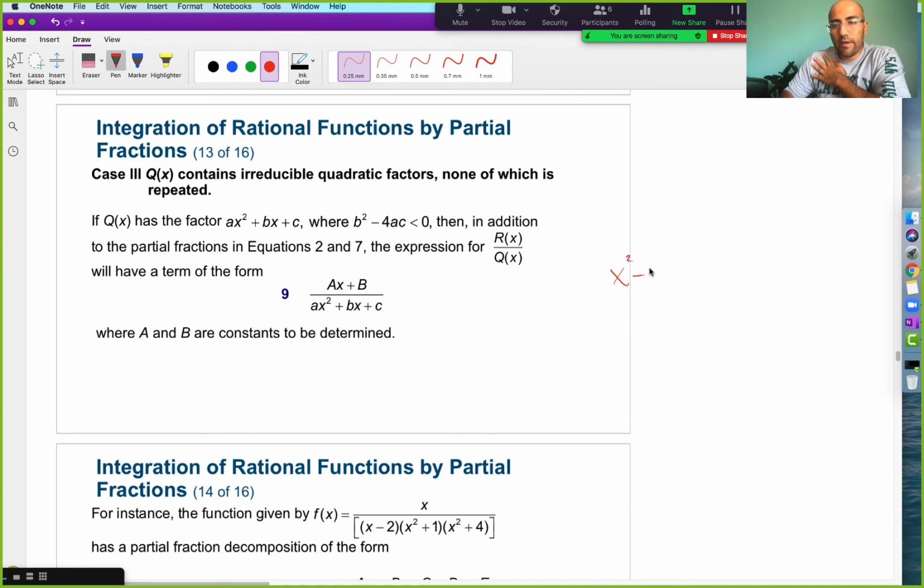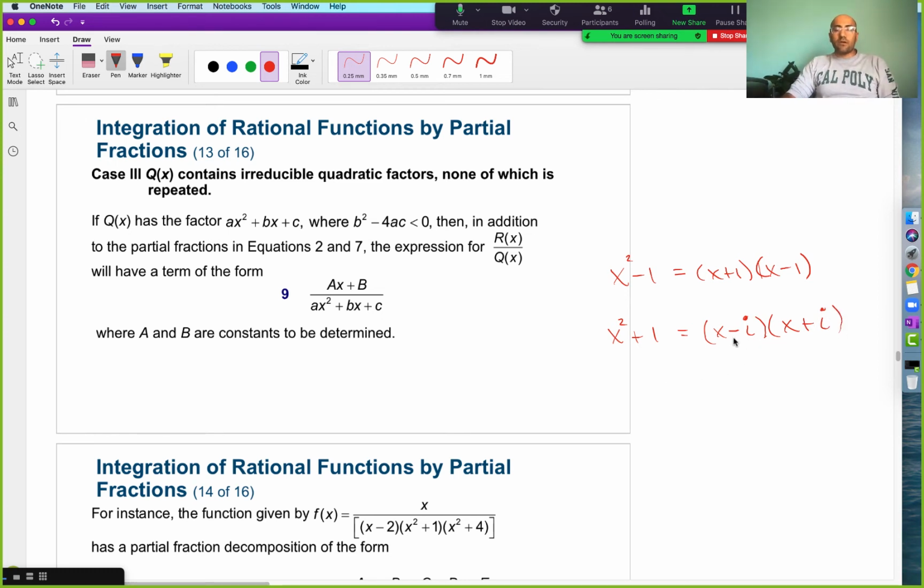x squared minus 1 factors into x plus 1 times x minus 1. However, x squared plus 1 doesn't factor into real values, it doesn't have any real roots. This turns into x minus i times x plus i, right? It leads into imaginary values.